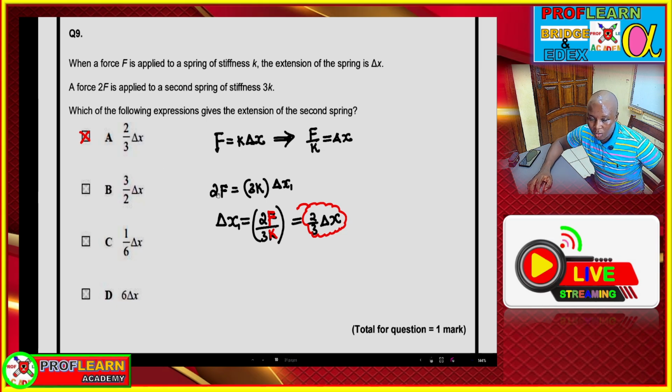Now we go to the second spring, where the force applied is 2F and the stiffness is 3K. This now gives the extension of this new spring.